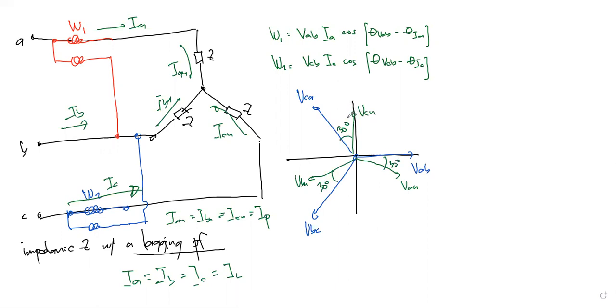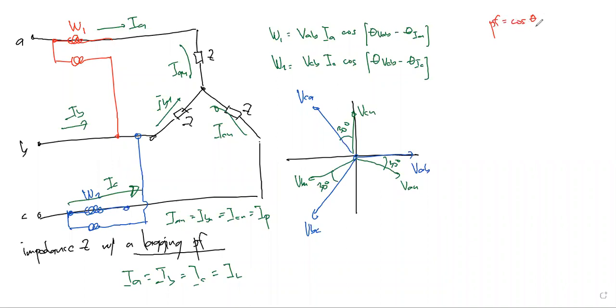Now take note, assuming that we have a lagging power factor, we denote the power factor equals cosine of theta.